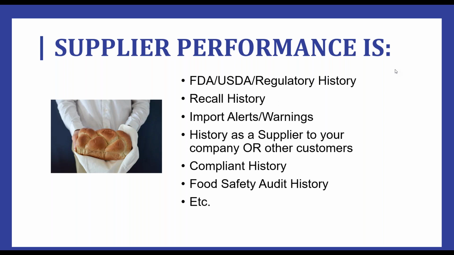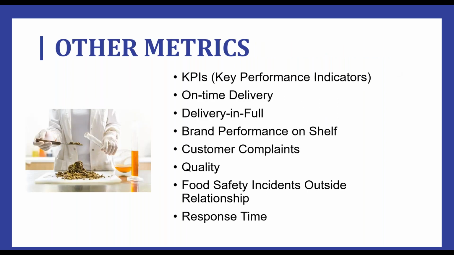So next slide, let's jump into other metrics that we can look at. Something that I've noticed is that many companies do some type of other metrics for supplier performance. I mentioned all of the normal ones: regulatory compliance, third-party food safety audits, customer complaints, and history with companies and other companies.